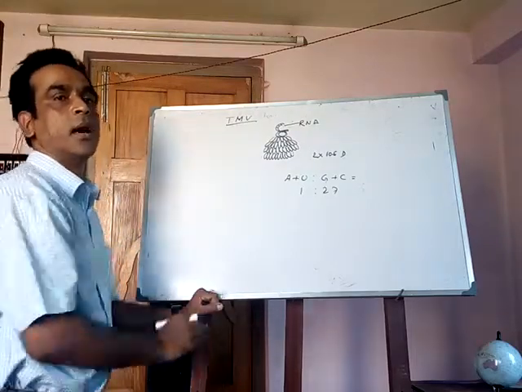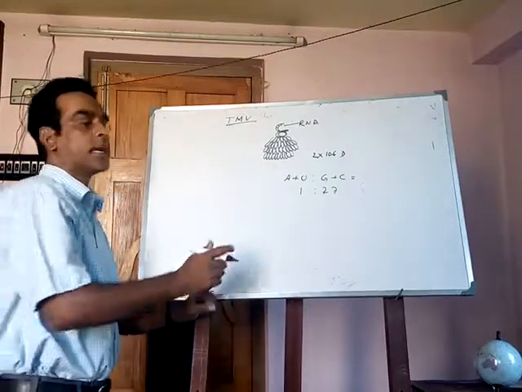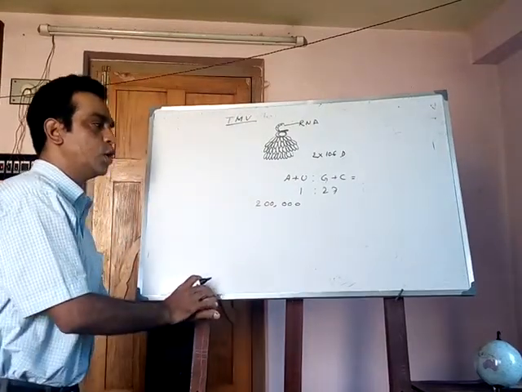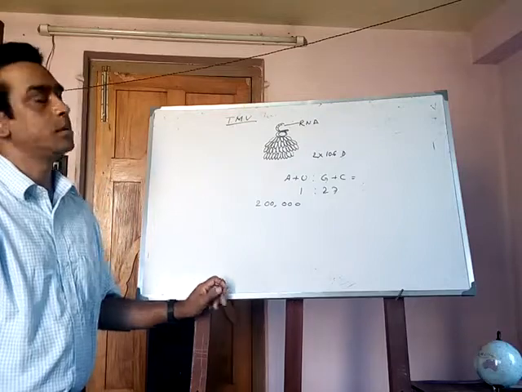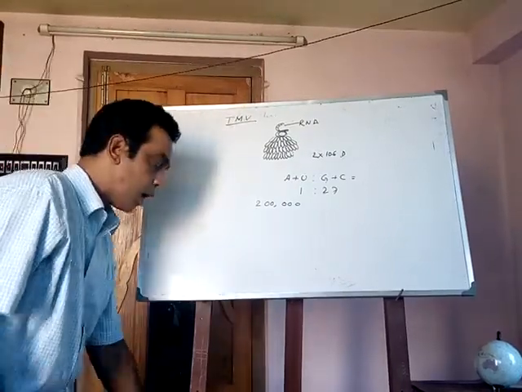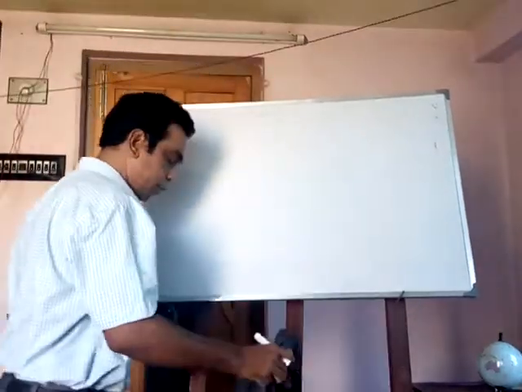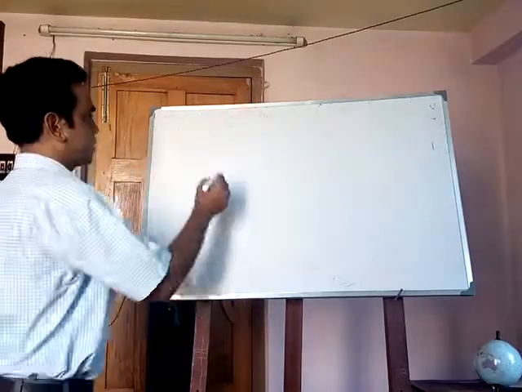Near about 2 lakh base pairs are found in TMV RNA. Now I represent another specific type of virus, the phage virus, that is bacteriophage.